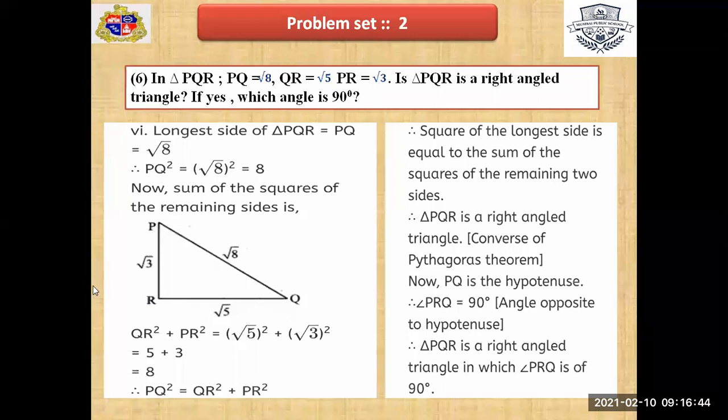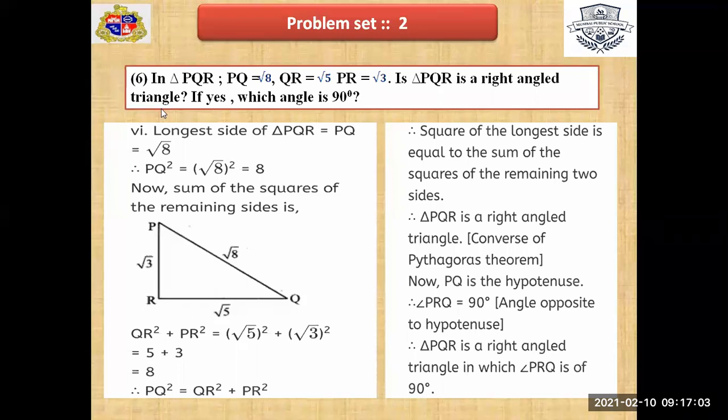So we say angle PRQ is equal to 90 degrees, the angle opposite to the hypotenuse. Therefore, triangle PQR is a right angle triangle in which angle R is equal to 90 degrees, or we say angle PRQ is 90 degrees.